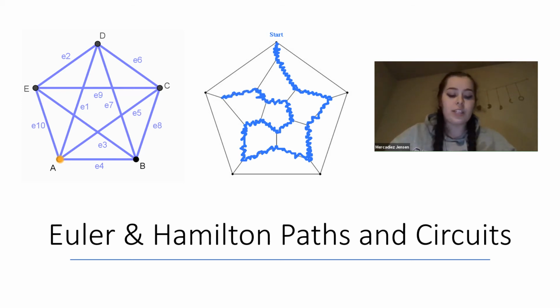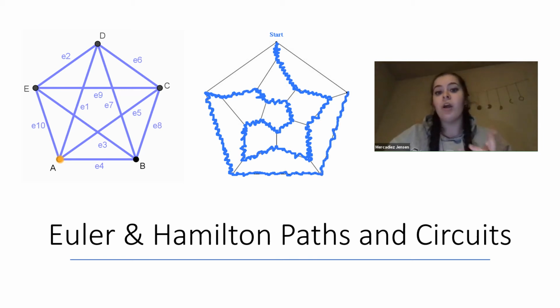He wants to cross each bridge only once. It does not matter how many times he goes on the landmasses as long as each bridge is only crossed once. However, on the right, we see a Hamilton circuit where the nodes are the main focus here. Not every edge has to be crossed unless it pertains to crossing each node.